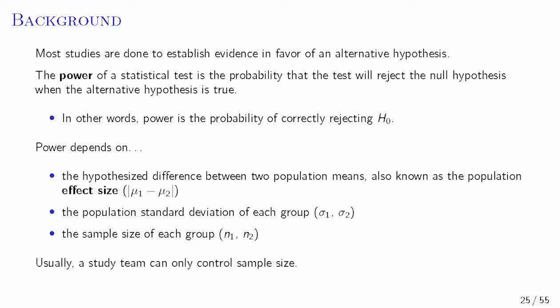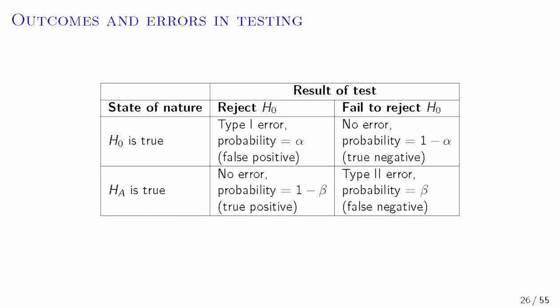And normally, the only one of those things that you can actually do something about is the sample size. And we've already gone over what the type 1, type 2 errors are and the no error scenarios.